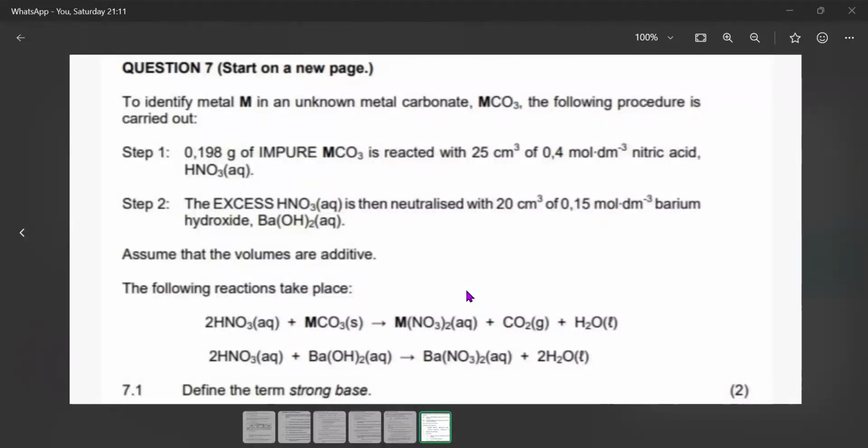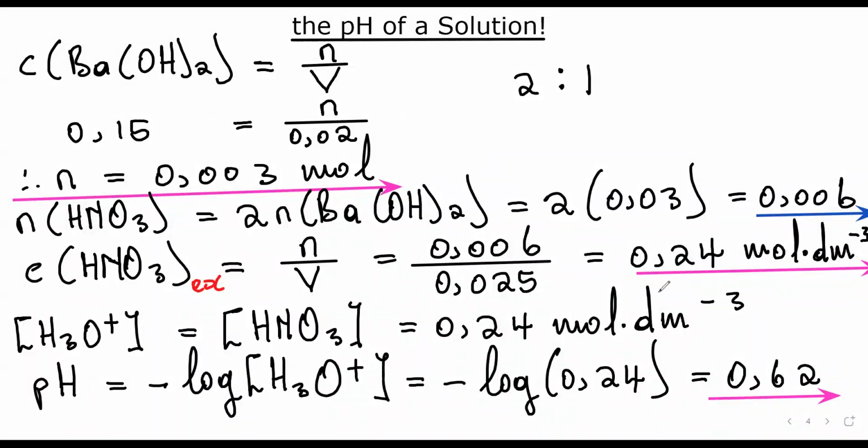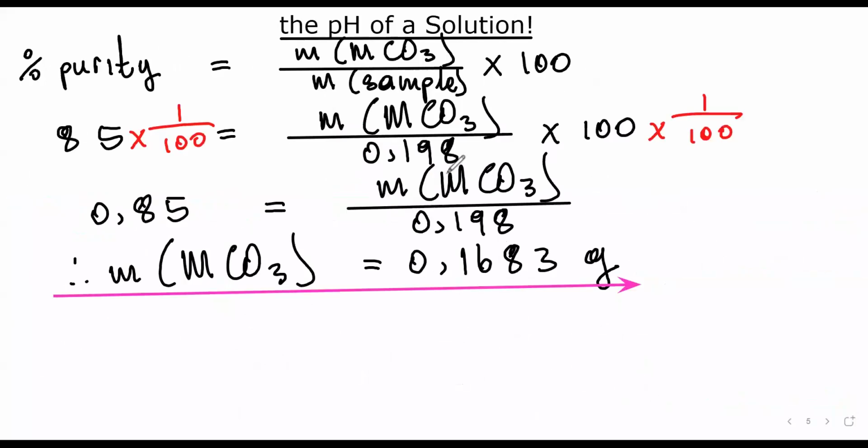Yes. So let's go ahead and find the number of moles of the acid which were available at the start of the reaction. Because we already know those that are in excess.